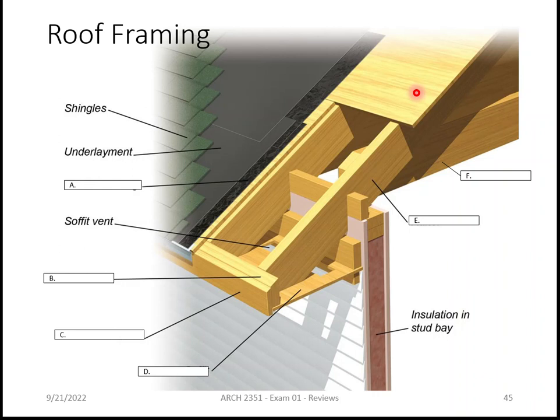I want you to be able to understand three-dimensionally where these pieces are in the building, and how they go together, so that you can identify them when somebody cuts a section through the building. You can look at the section and go, that's a joist, that's a rim board, that's sheathing. You know where those things are in that building, so you can read it.